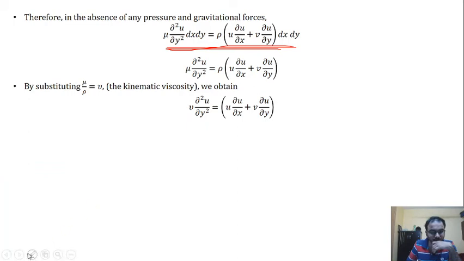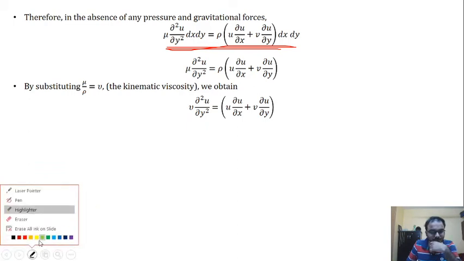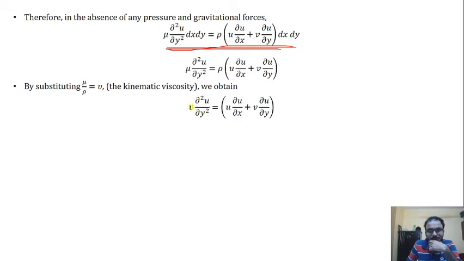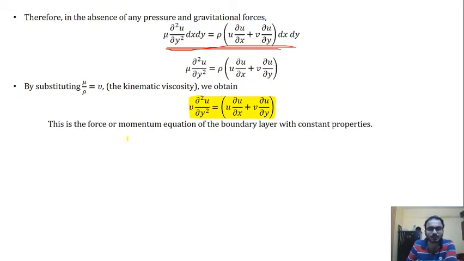So this formula will be the force or momentum equation of boundary layer with constant properties.